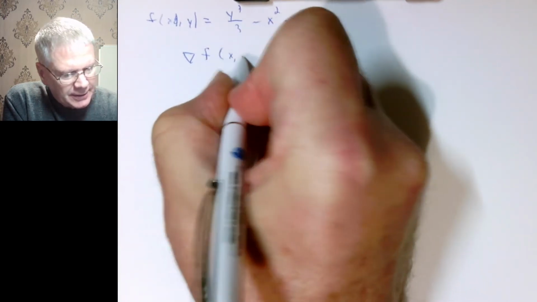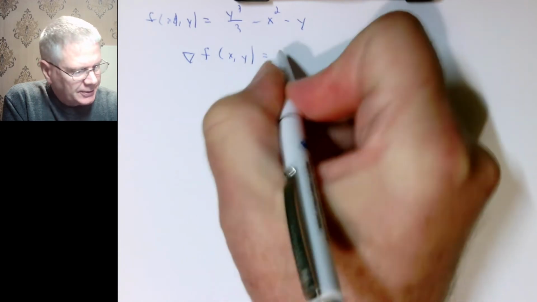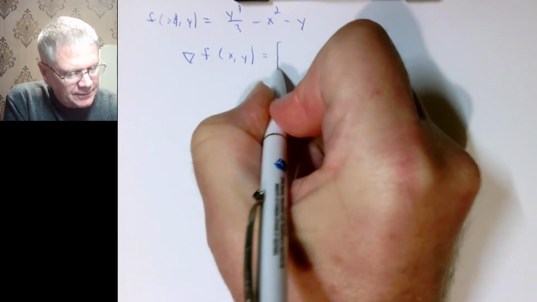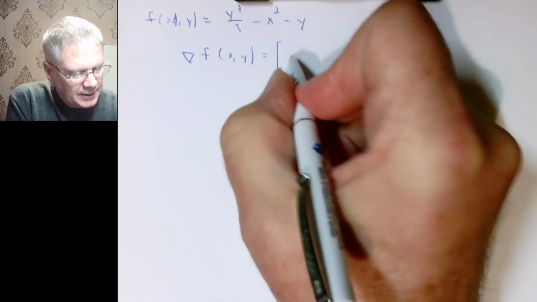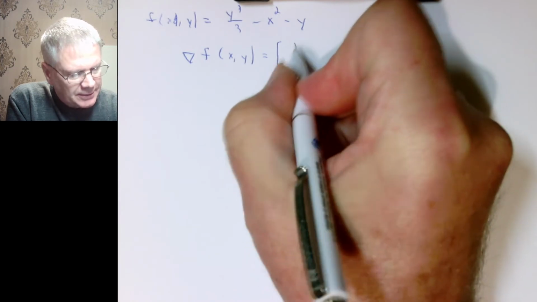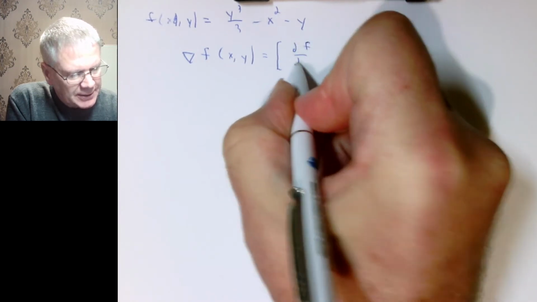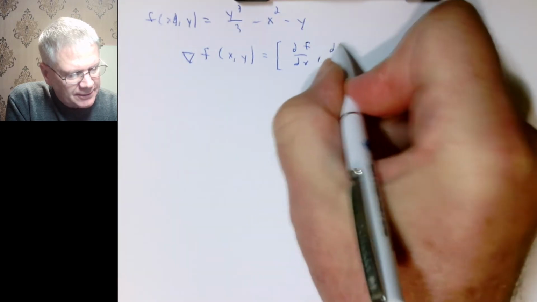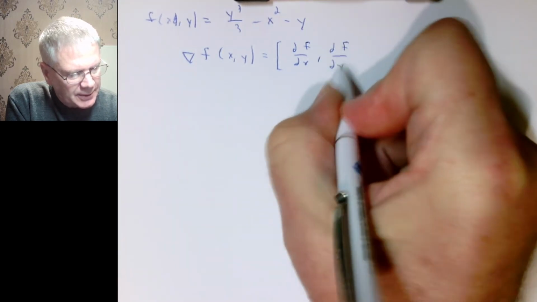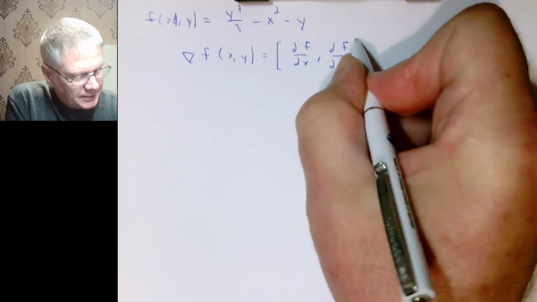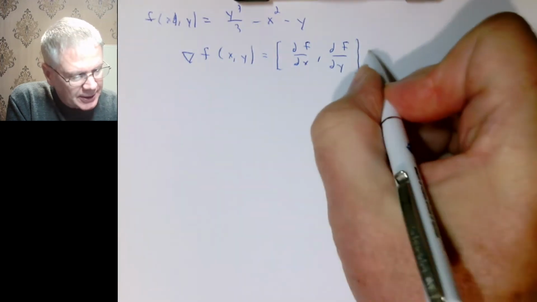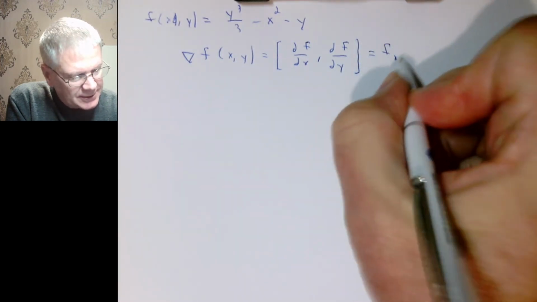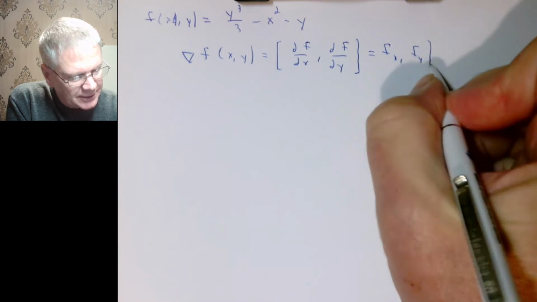And we have two partial derivatives here since we have two variables. This is the derivative of f with respect to x and the derivative of f with respect to y, which we can also write as fx, fy, and this is a vector.